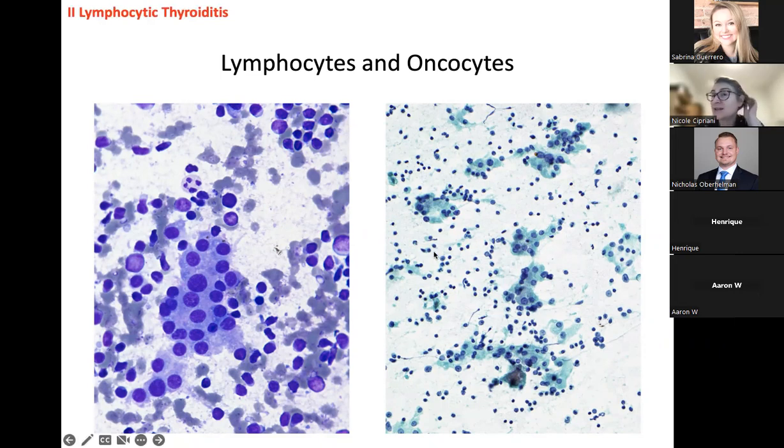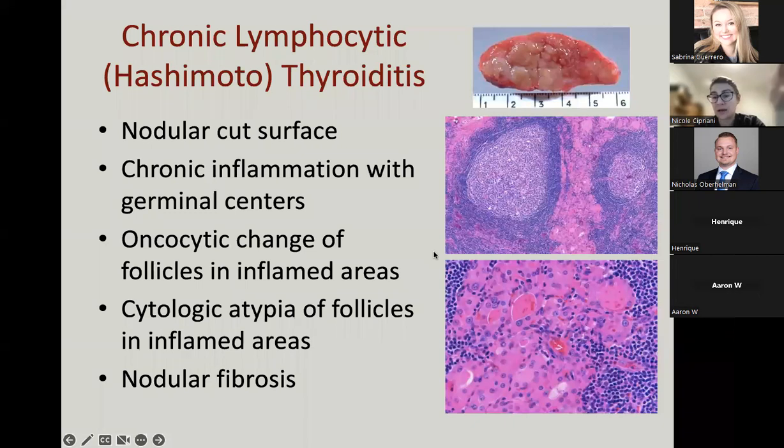And sometimes you can get pseudo nodules in lymphocytic thyroiditis, as you see here, like Hashimoto's, where the lymphoid inflammation, the germinal centers, even the follicles become kind of so pronounced that they can almost look like a tumor, but really it's just this kind of so-called nodular hyperplasia.